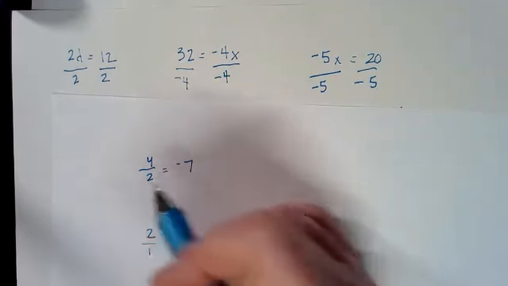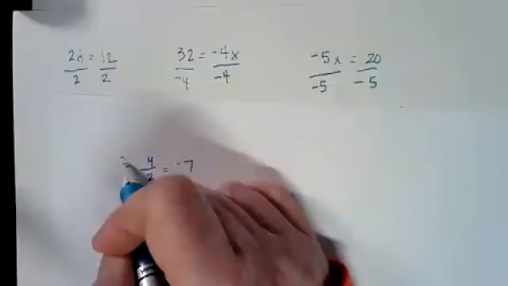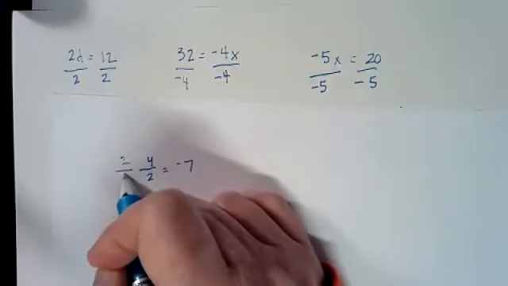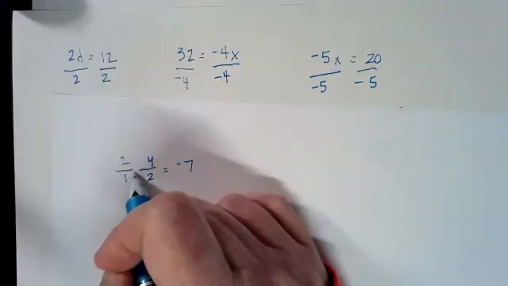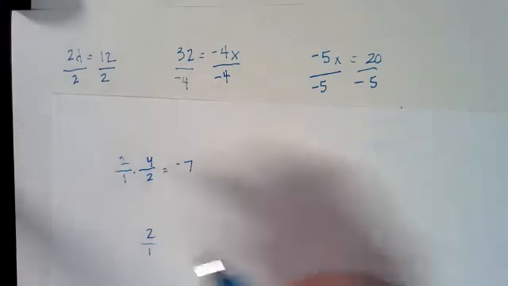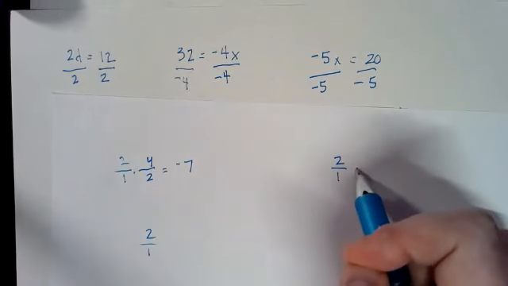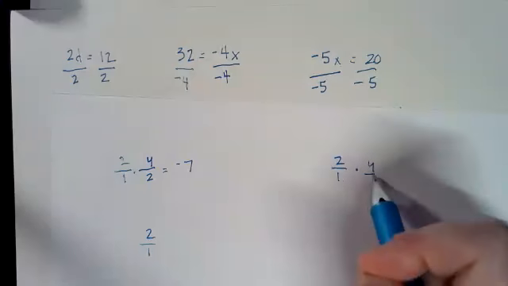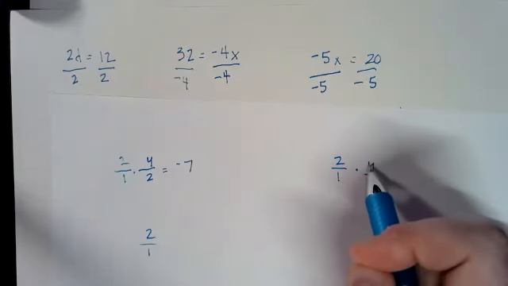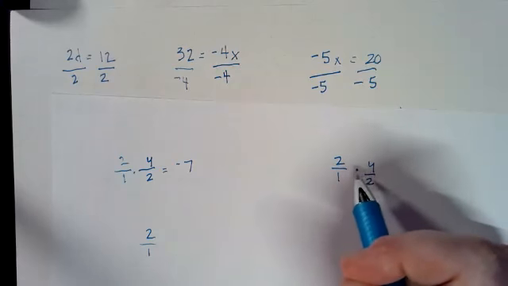So since this is a fraction, if we wanted to multiply by a fraction, that means it would look kind of like this. 2/1 times y/2. Multiply straight across. You can multiply and divide variables and whole numbers.